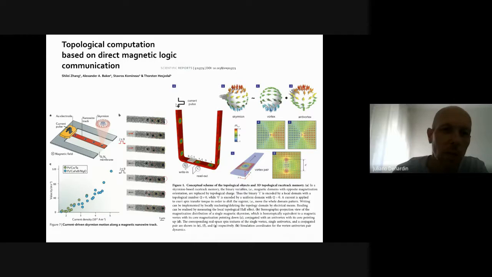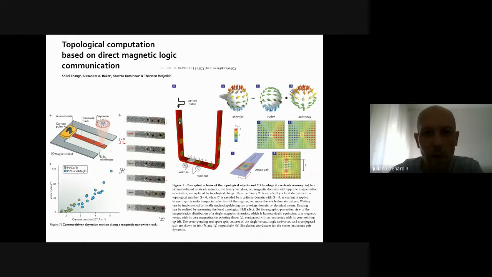The basic principle is that you nucleate a skyrmion. I will talk a little bit more about the skyrmion. A skyrmion is a circular magnetic domain that has this form. And the idea is to nucleate a skyrmion and propagate it around the racetrack by current pulses.